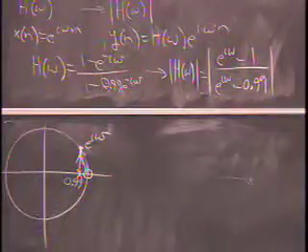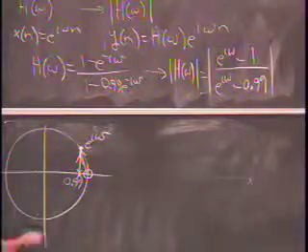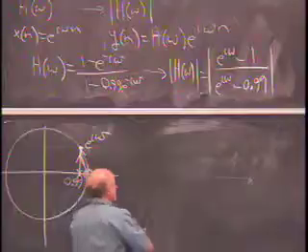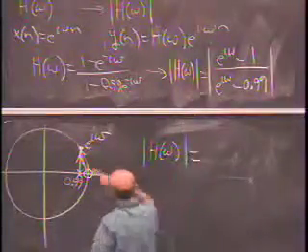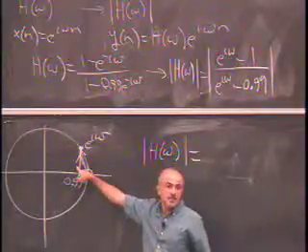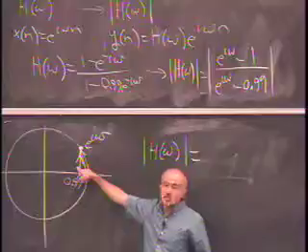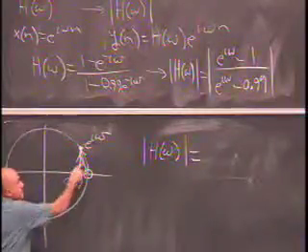Okay? Now there's a reason I've picked 0.99 for this question. The magnitude of H of omega is the ratio of the magnitude of the blue vector over the red vector. When I'm sufficiently distant from omega equals 0, what can you tell me about these two?